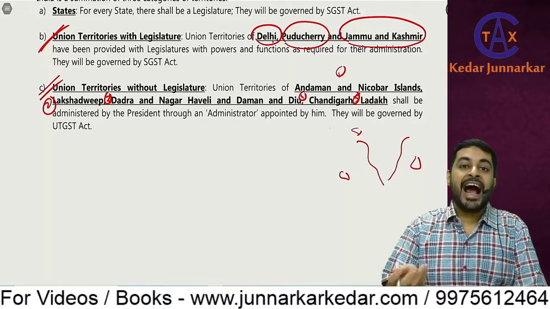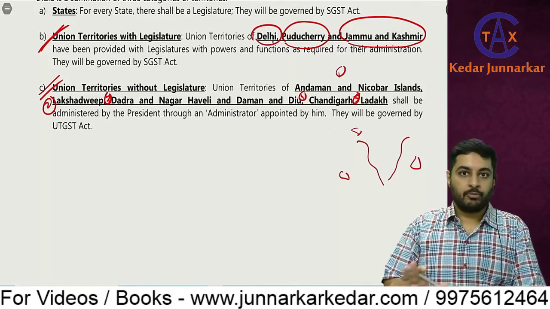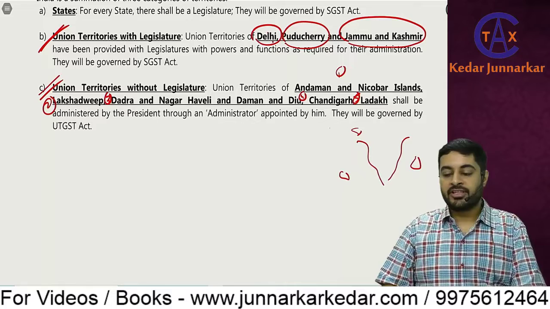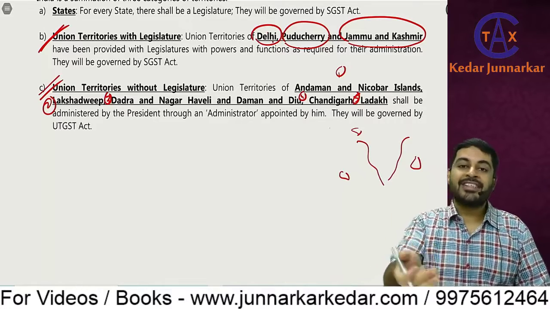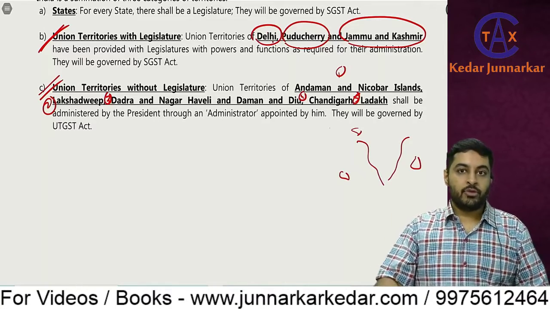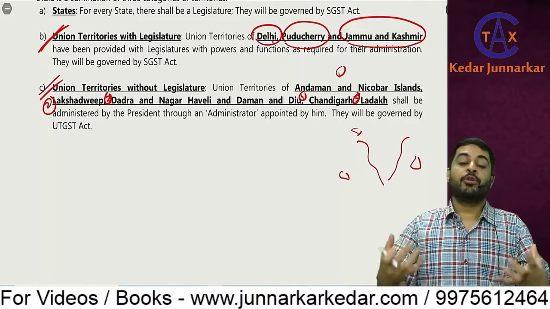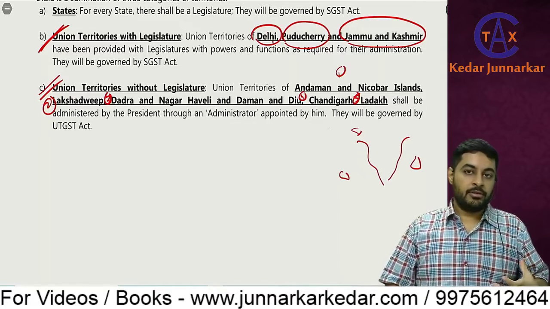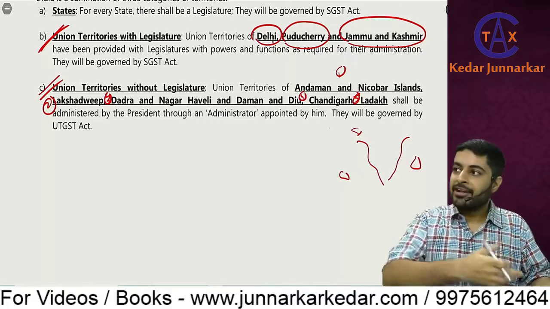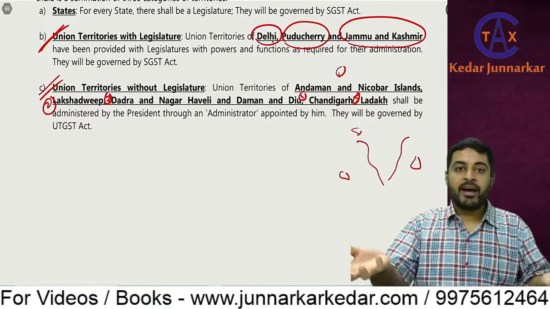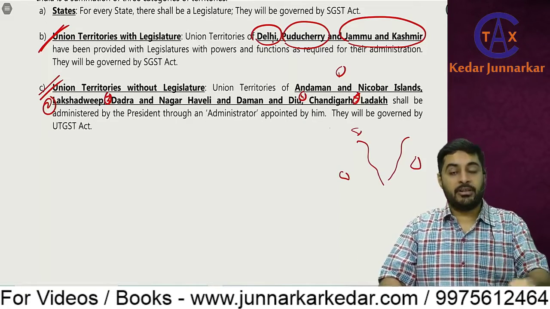So are these three union territories full states? No, they do not have the powers of a full state. For example, the police is under the state government. If you travel to different parts of the country, you can see police wearing different uniforms. The police in Maharashtra wear a separate uniform. You will ask why, since they are part of India only. No, they are under state governments.